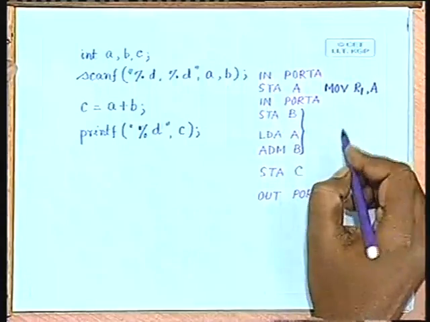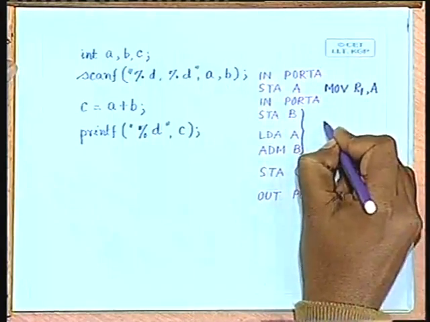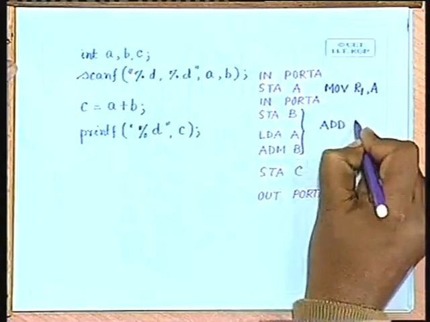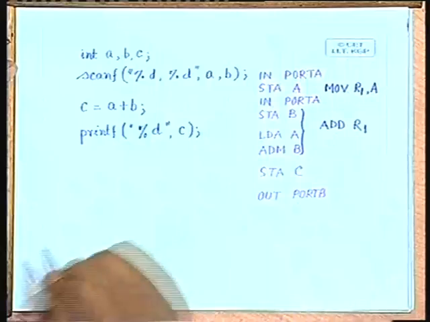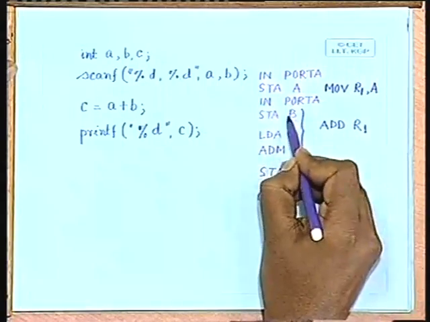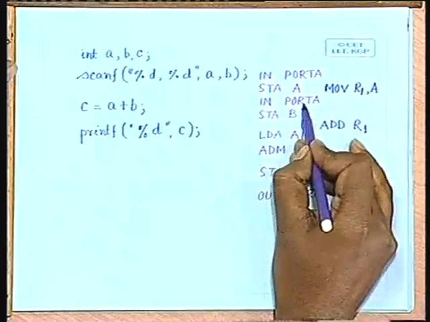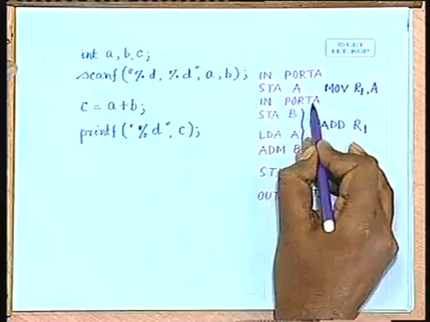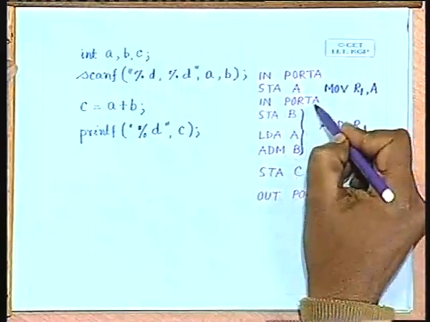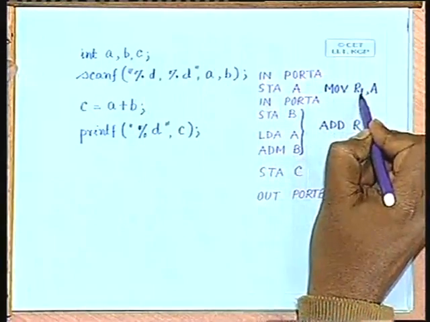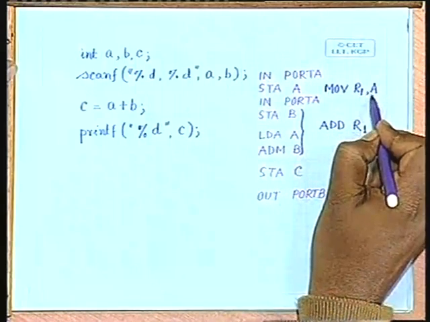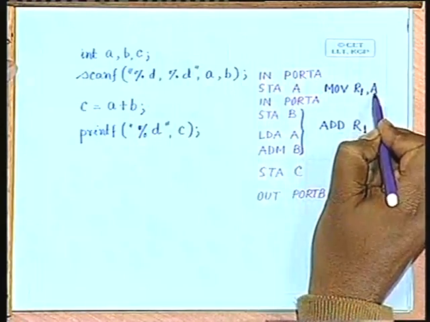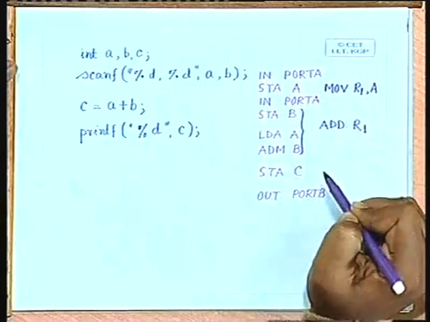These three operations can be replaced by simply add R1, because the value of the variable B is already available in the accumulator, which is done by this second input statement, that is in port A, and the value of the variable A is already available in register R1, because we have moved the value of variable A from the accumulator to register R1.